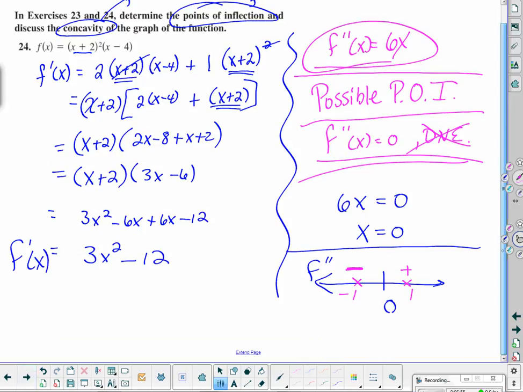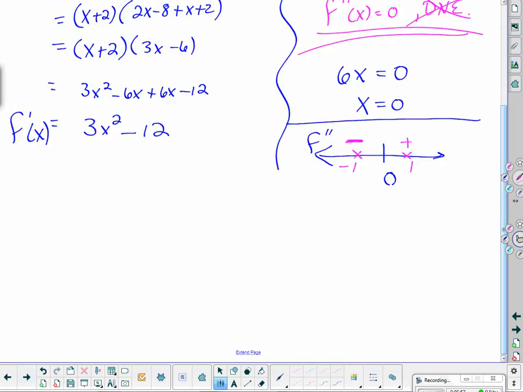All right, do we have a point of inflection? Well, if the concavity changes, we do. And negative indicates concave down. Positive indicates concave up. That definitely shows a shift from concavity being down to up.